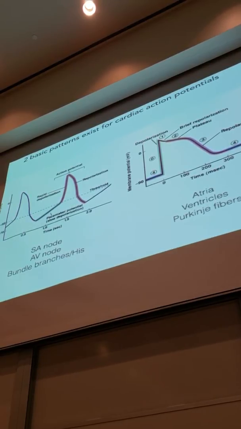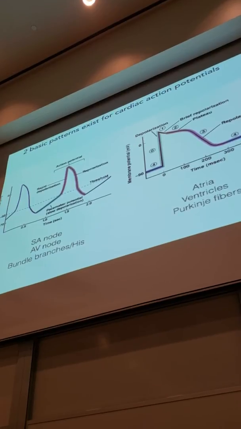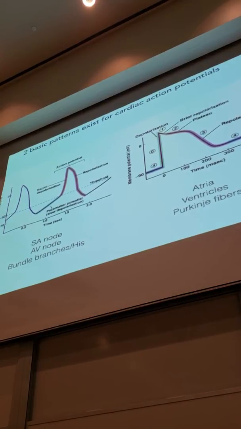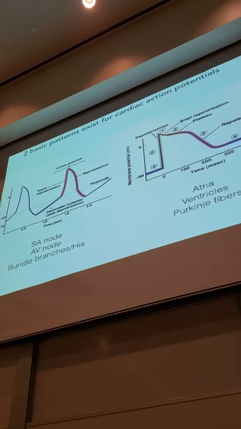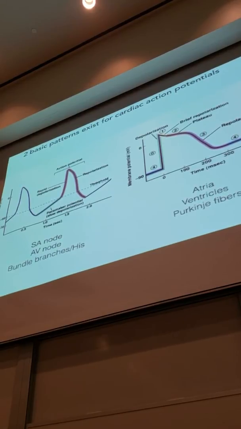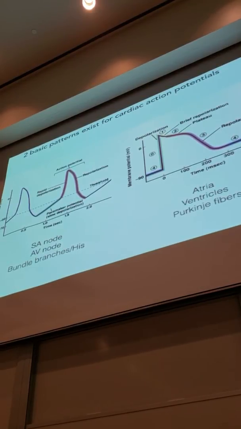The nodal cells on the left, you can think of them as functioning like neurons. They're sending signals, stimulating other cells. And on the right, we're acting much more like muscles, having both electrical activity and contractile activity.